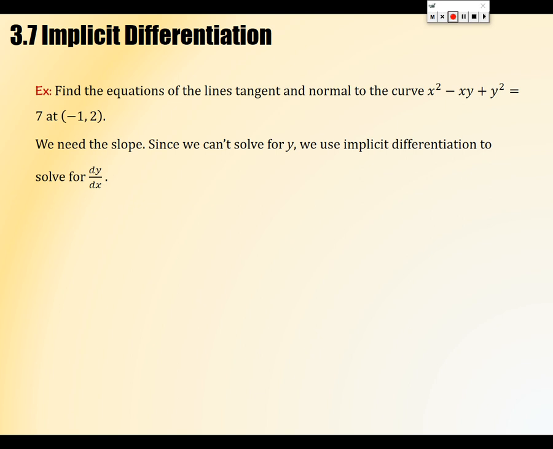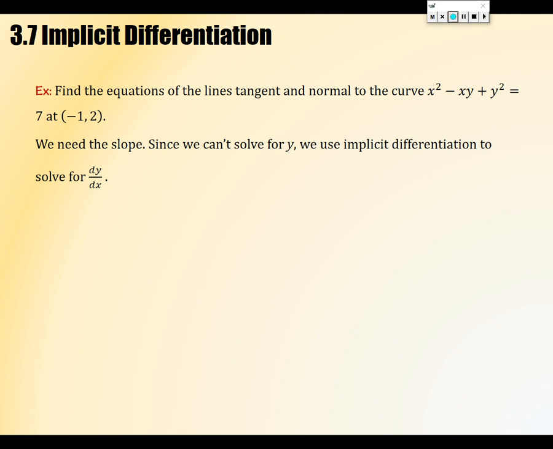We can just double check that if we wanted. Yeah, okay, it is on the curve. I just wanted to make sure that -1, 2 is actually on the curve. But it's easy to check that.